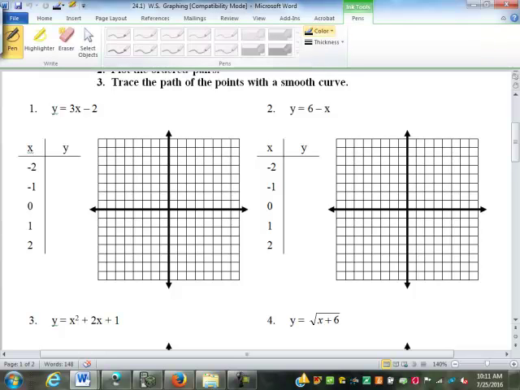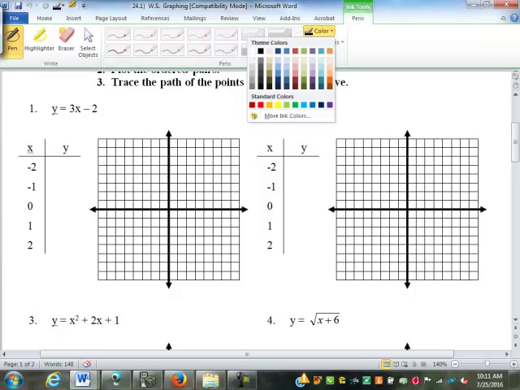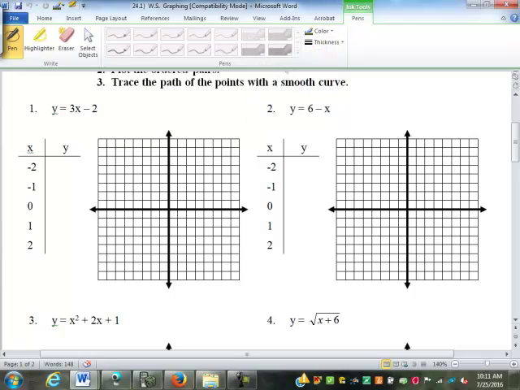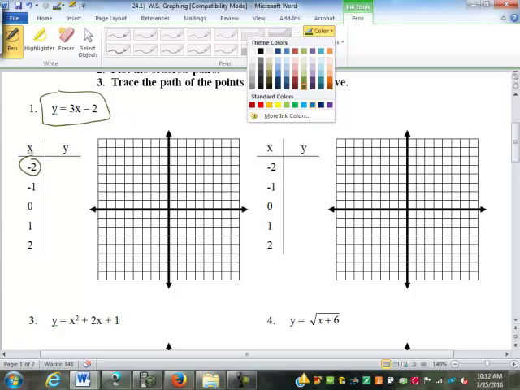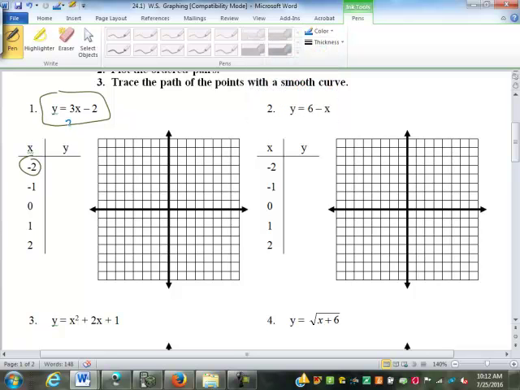So for number 1 here, you'll notice I gave you some values for x to try. What I'm asking you is, with this equation, y equals 3x minus 2, what is y when x is a negative 2? What that means is we come up here and we replace the x with a negative 2. So that would be 3 times negative 2, which is what?